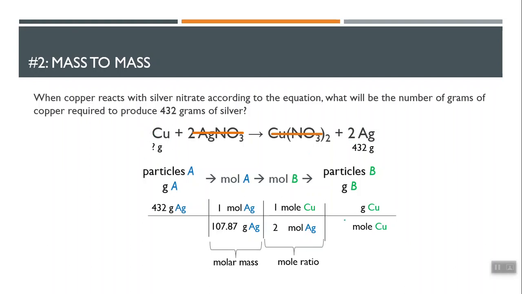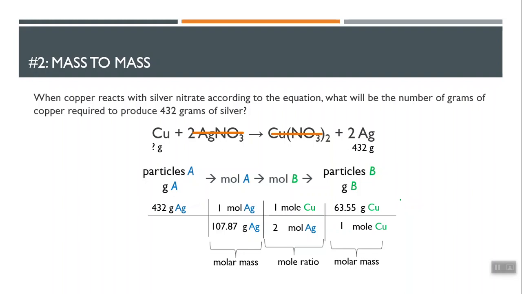Last fence. We have grams over moles. Grams of copper over moles of copper. What is that? Grams over moles, grams per mole. That is, again, another molar mass, except this time it is for copper, right? So find copper on your periodic table. Okay, and then you should see that 1 mole of copper is equal to 63.55 grams.